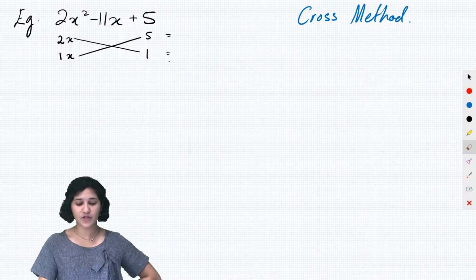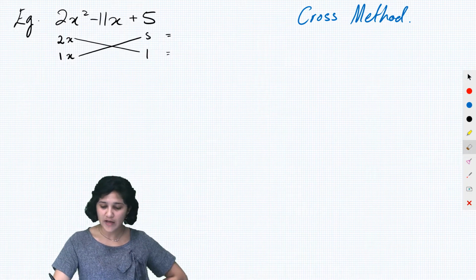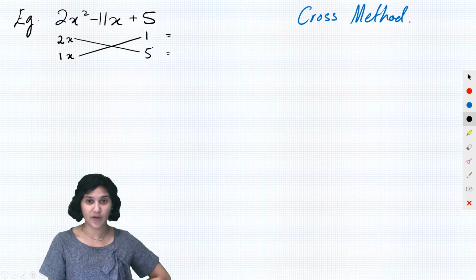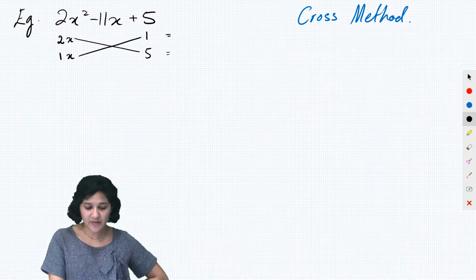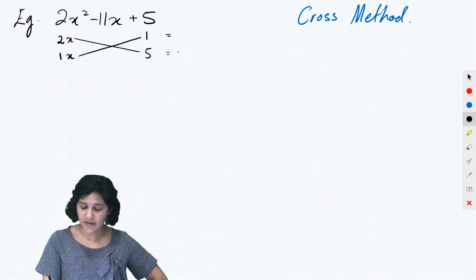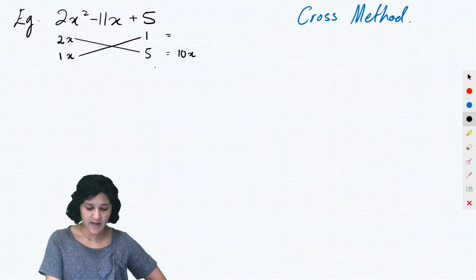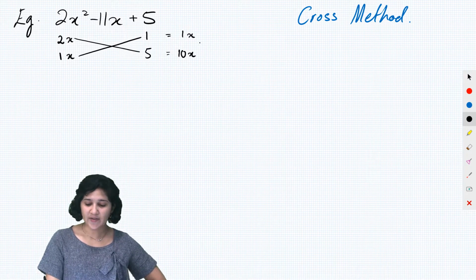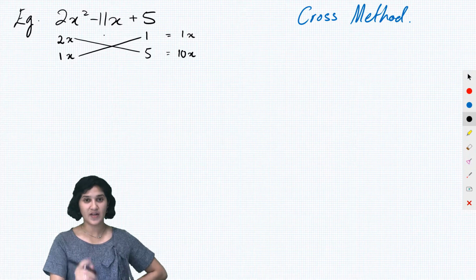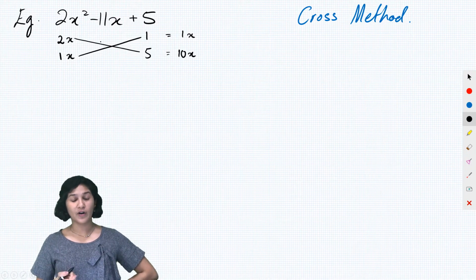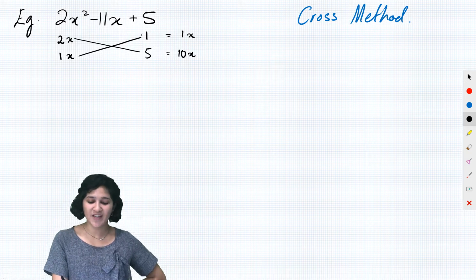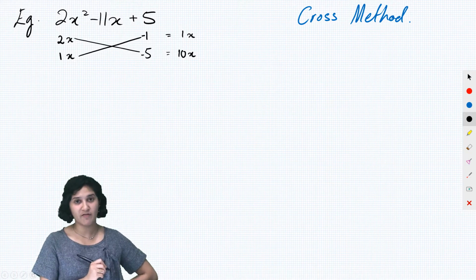So what I'm going to do, if it comes out wrong, is I'm going to change the order of these. I'm going to write 1 here and 5 here. So 2x times 5 is 10x, and 1x times 1 is 1x, and they add up to 11. So I've got the right number now, but the wrong sign. And so 5 also has factors of -1 and -5.